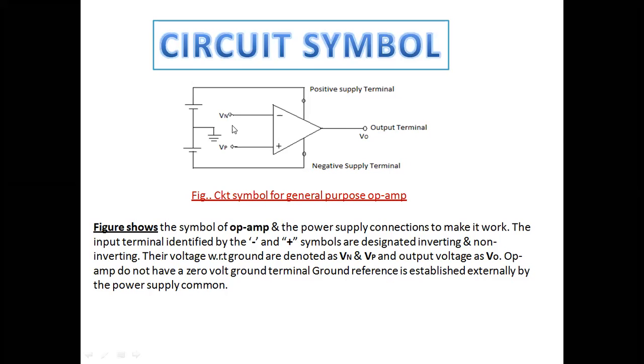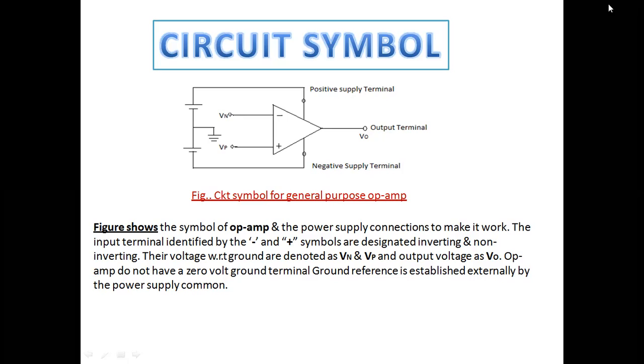Again, we are aware of Vn and Vp. If you see here, we are giving a negative voltage, so we can say this is Vn, and Vp is the voltage that will be positive. Their voltages with respect to ground are denoted as Vn and Vp. Vn is the negative supply and Vp is the positive supply.